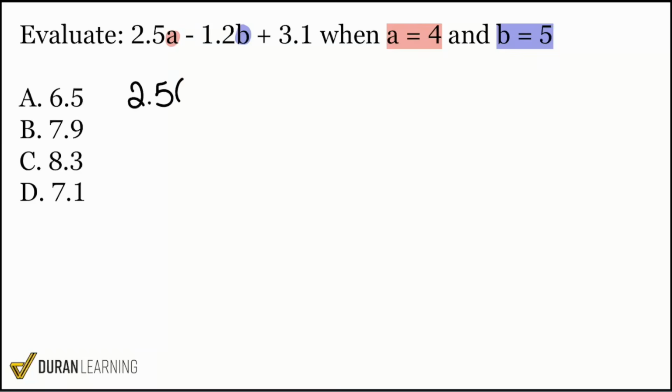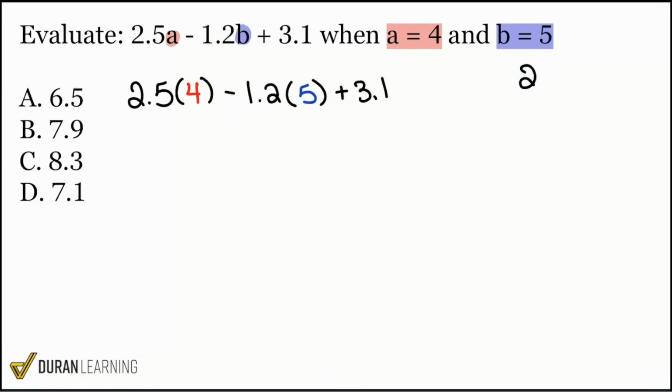2.5 multiplied by 4. Then we have minus 1.2 times B, which is 5, plus 3.1. From here, we just got to put in the work. So first up, we have 2.5 multiplied by 4.